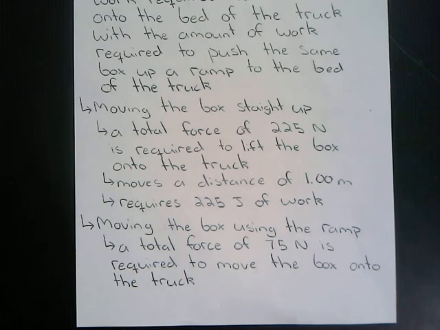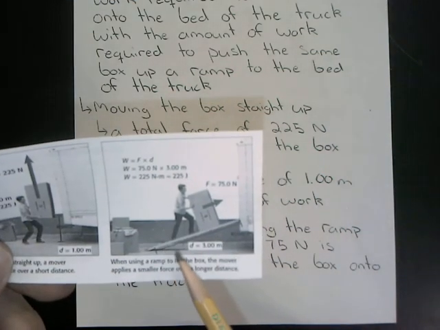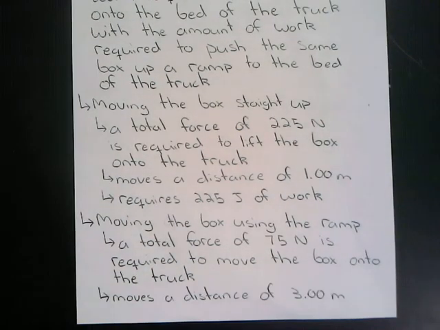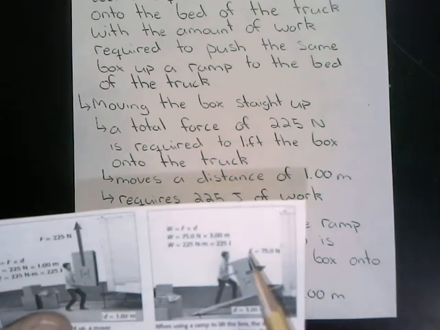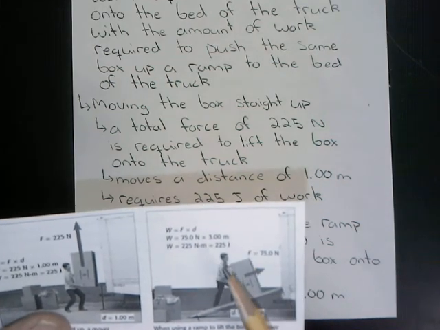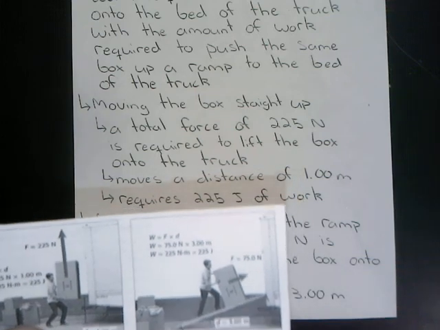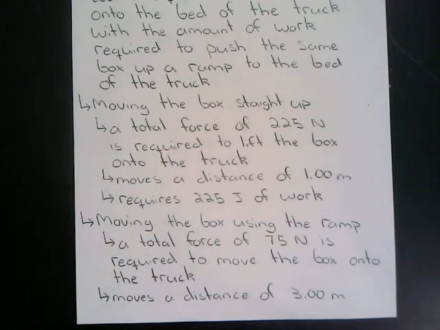We input less force, but we have to apply that force over the total distance of the ramp, which is 3 meters. Now, with the concept of work, which takes our newtons and multiplies by our meters, 75 times 3, it's going to require the same amount of work, 225 joules, as moving that box straight up did.